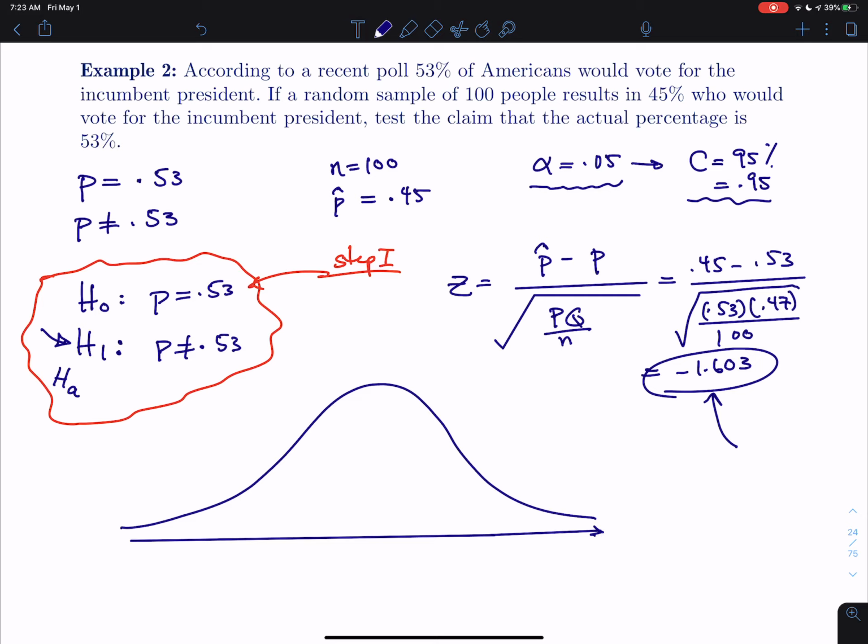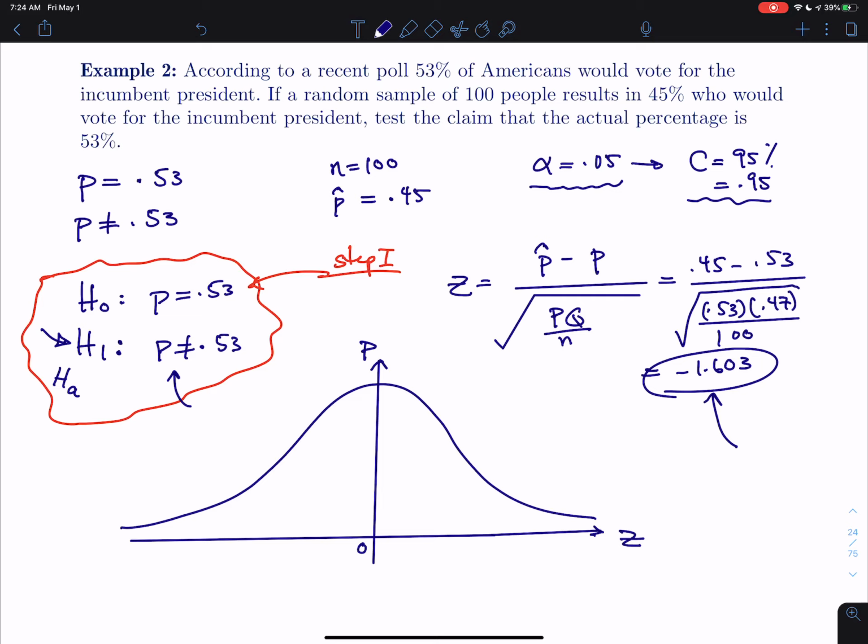Now remember, we're going to be dealing with the standard normal distribution all the way through here. That's my probability axis. And that's 0. Now, the alternative is not equal to 0.53. You determine whether you have a one-tail or two-tail test based on the alternative hypothesis that's given to you.